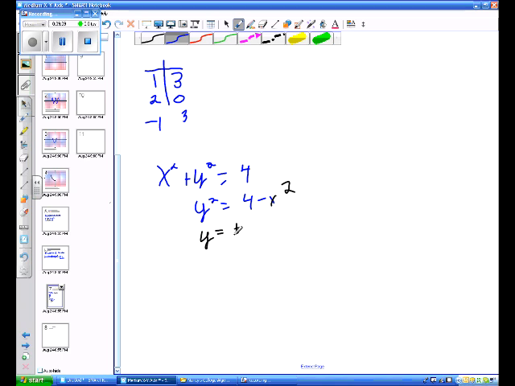And if you remember, when we take the square root of both sides, we always have to say plus or minus. So right here, let's pick a value for x. If we picked 1 for x, well, 1 squared is 1, so 4 minus 1 is 3, but we're going to get plus or minus the square root of 3. So right here for this one value of x, we got two different y's. So this would not be a function.